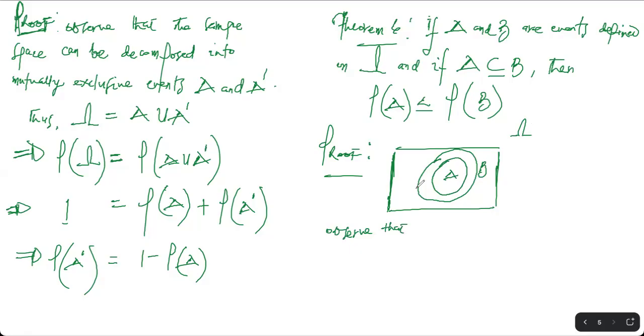Right? So observe that B can be decomposed into two mutually exclusive events.